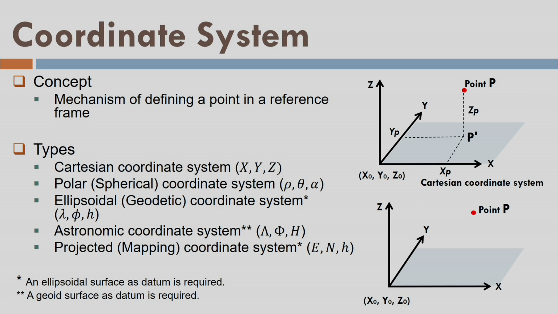Now understand that there is a point P, and I want to define the same point P with a different type of coordinate system, because it is a mechanism to define a point. So I am not changing my reference frame, I am not changing the origin of the reference frame, but at the same time I am just defining the point P in a different way. So let us look into the polar coordinate system.